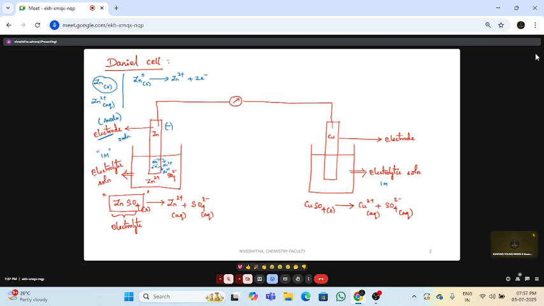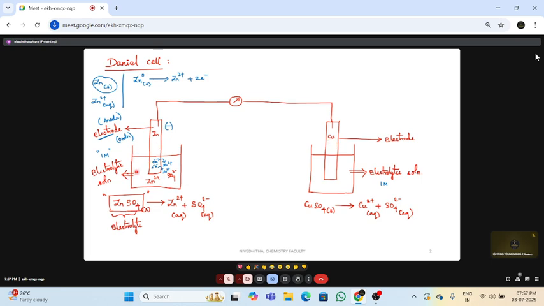Similarly, on the left side oxidation is occurring, so electrons are accumulated on the zinc, so it is electron rich. Compare the right side: here there is no electron. So what will these electrons do? They will start moving from the zinc rod to the copper rod, because electrons are accumulated on zinc and in copper there is no electron. So all these electrons will move from zinc rod to copper rod.